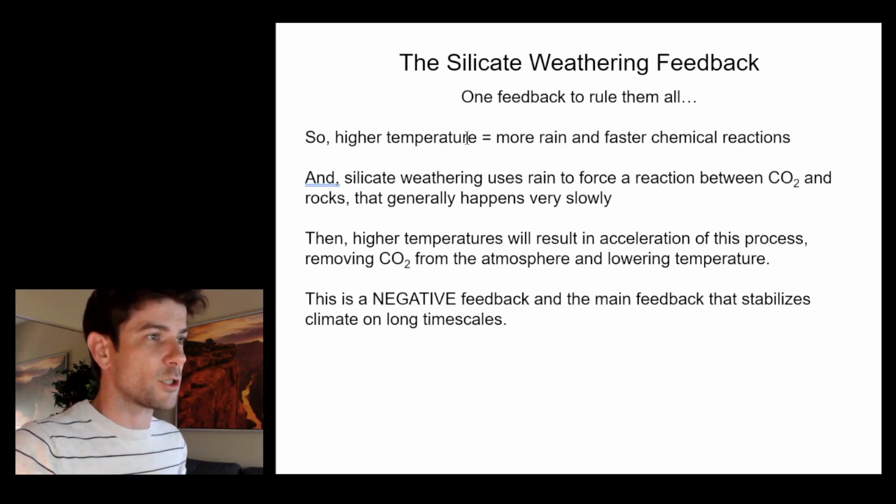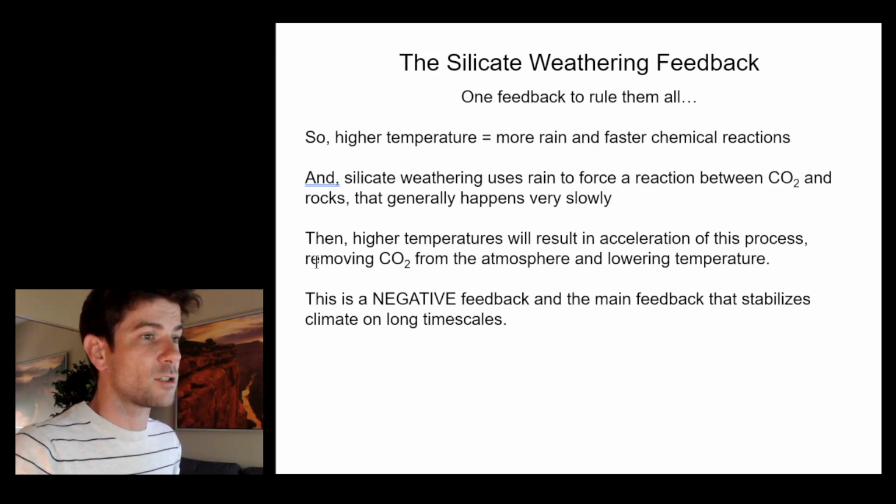So higher temperature equals more rain and faster chemical reactions, right? And silicate weathering uses rain to force a reaction between CO2 and rocks that usually happens very slowly. Then, higher temperatures result in an acceleration of this process for two reasons, because higher temperature equals more rain and higher temperature equals faster chemical reactions.